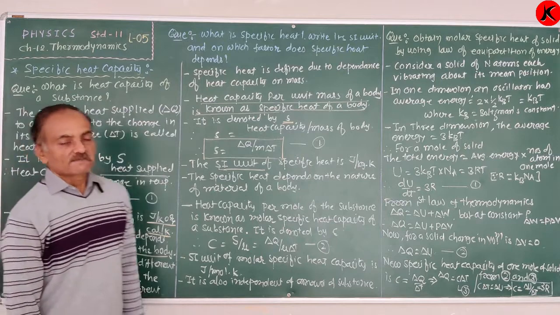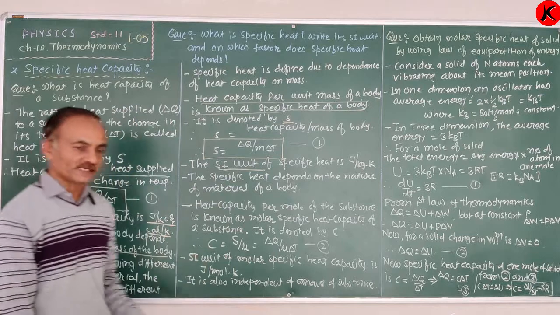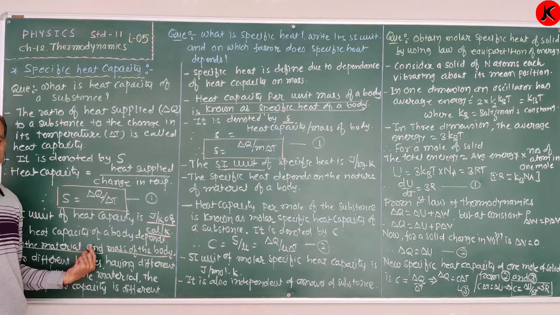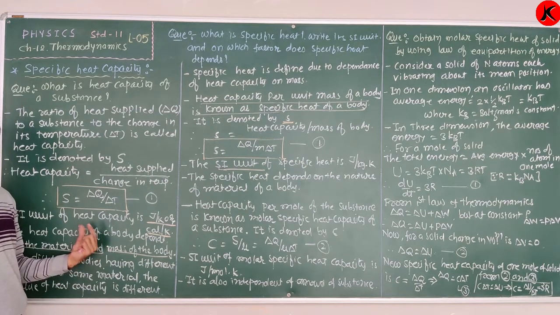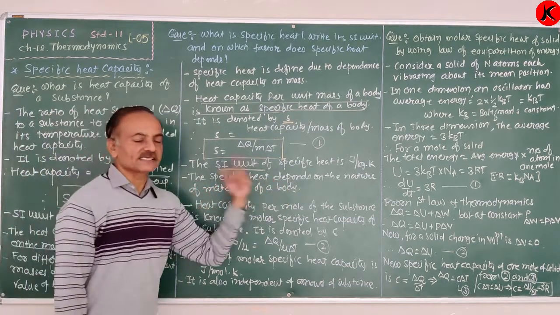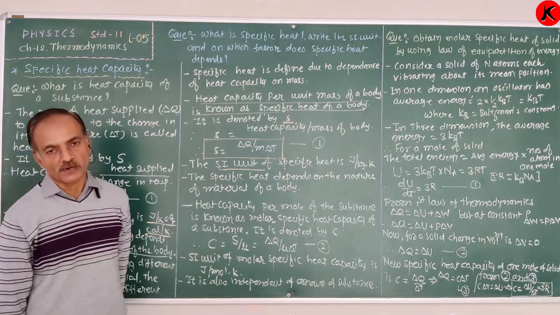Now, specific heat depends on what? Heat capacity depends on two factors. One is the mass of a body, second is the nature of material. From this, we consider the mass of a body as unit. Therefore, specific heat capacity depends only on the nature of material of the body.